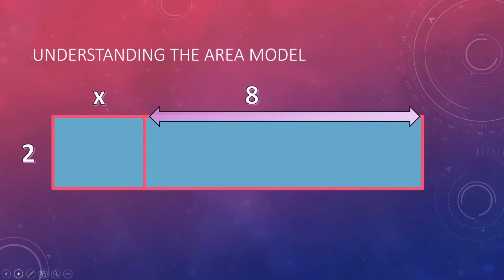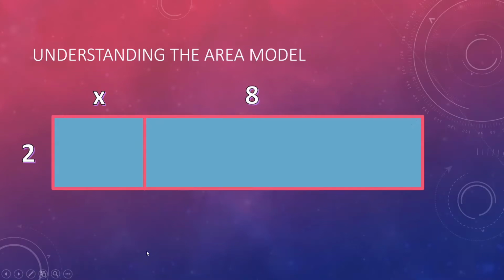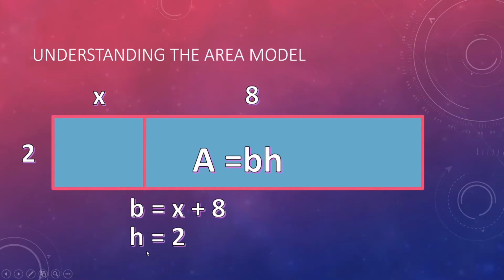Well, think of what makes up that whole top line. You're right, it's both x and 8. So to find the area of this, I could say that it would be 2 times x plus 8.